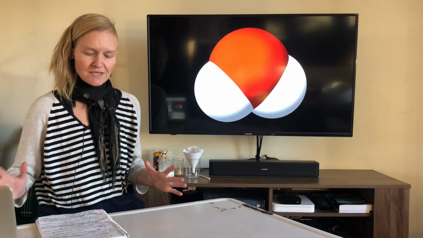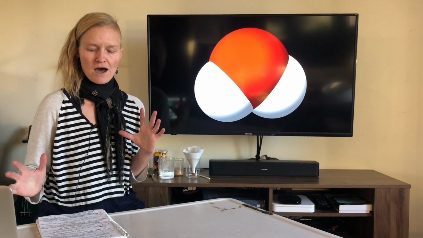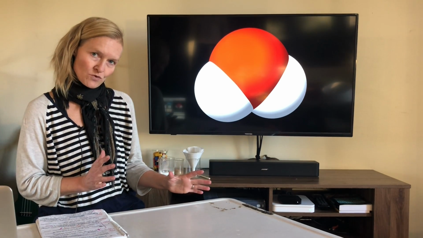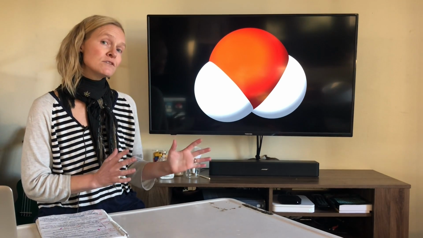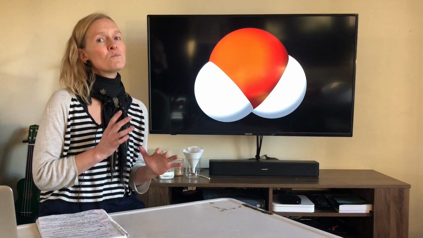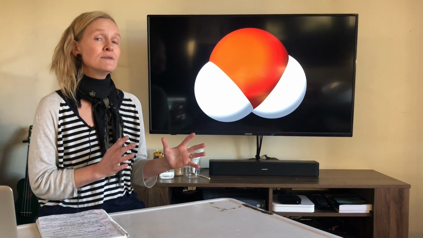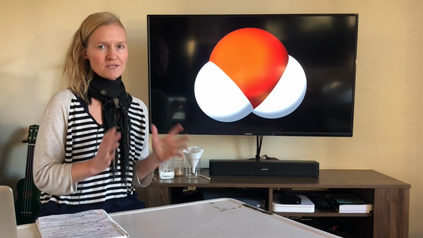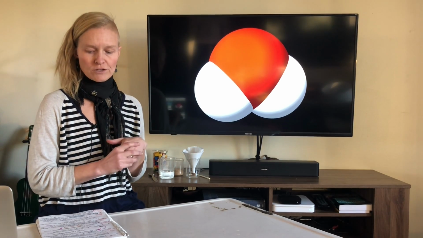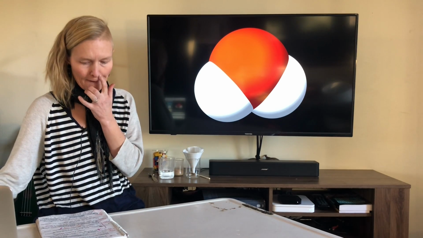So both these types of examples that I've shown you of molecules, they're both molecules. So we can have a pure substance that is made up of more than one atom of one element, or we can have atoms of two different elements coming together to form a molecule, and that's known as a compound.